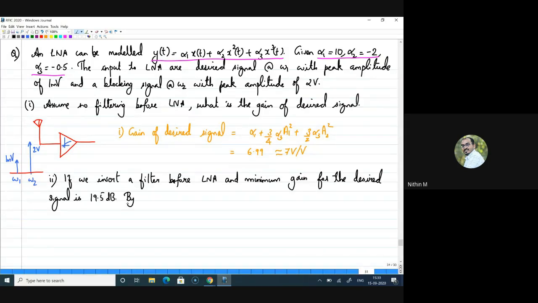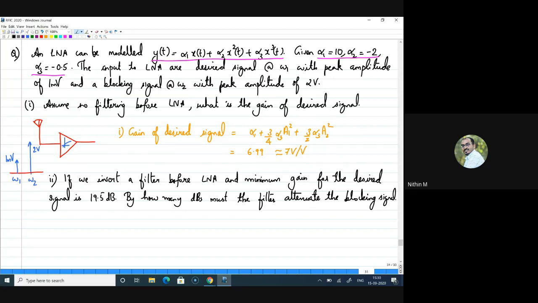The question is, by how many dBs must the filter attenuate the blocking signal or the interferer? Maybe you can read the question once again, think, and continue solving it.